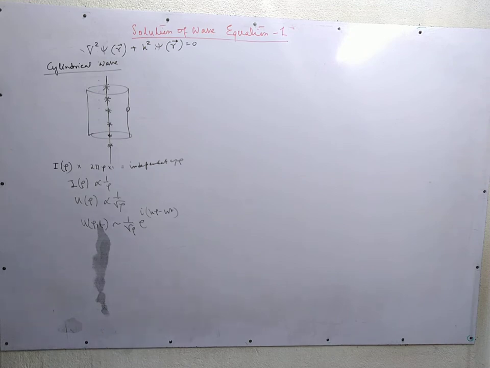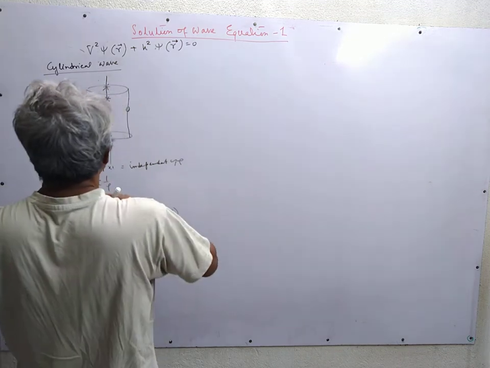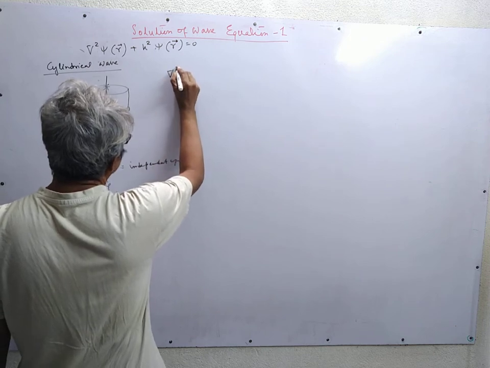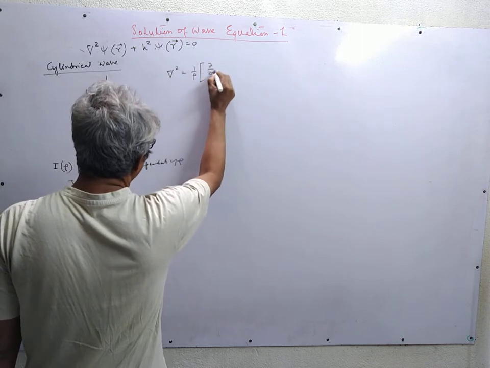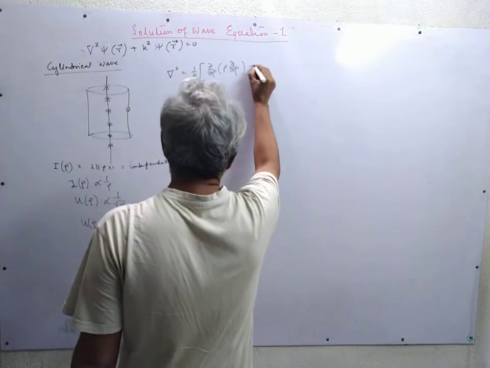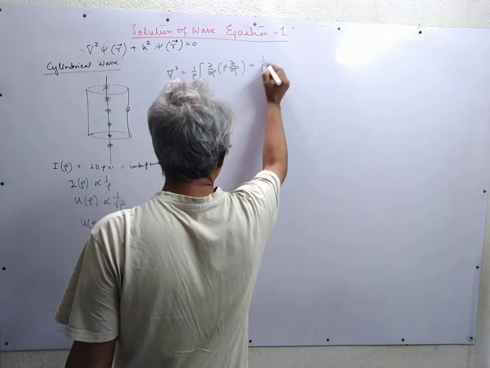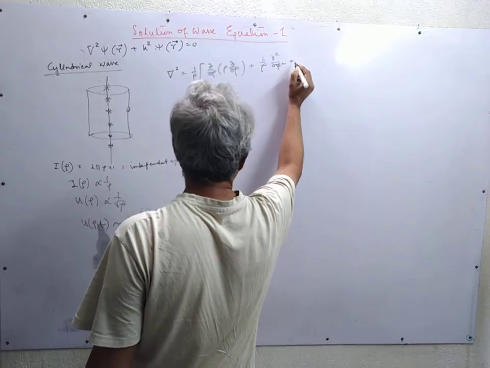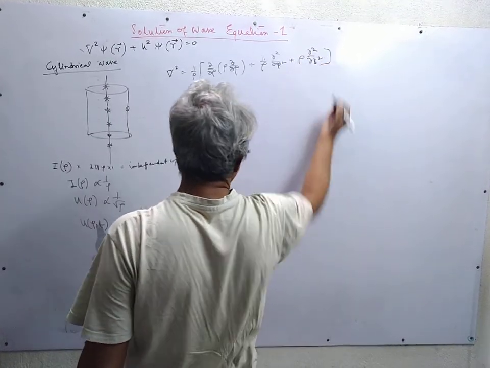Now let's see what we get from the solution of this equation. In the cylindrical coordinate system, nabla squared is equal to 1 by rho del del rho of rho del del rho, plus 1 by rho squared del squared del phi squared, plus del squared del z squared.